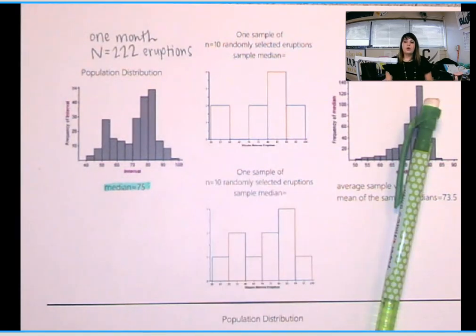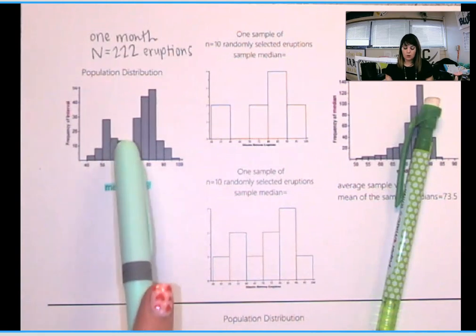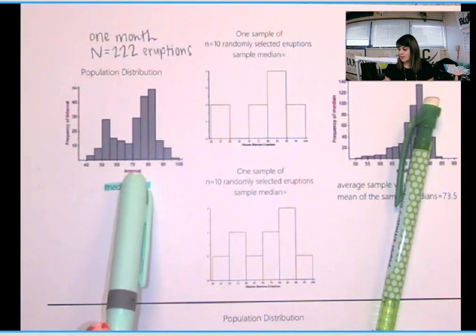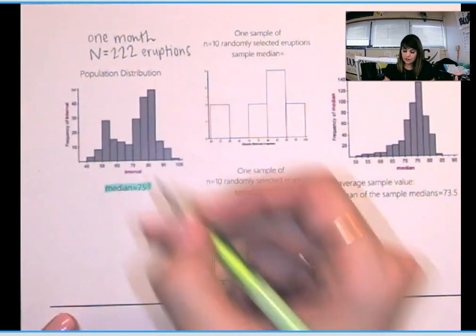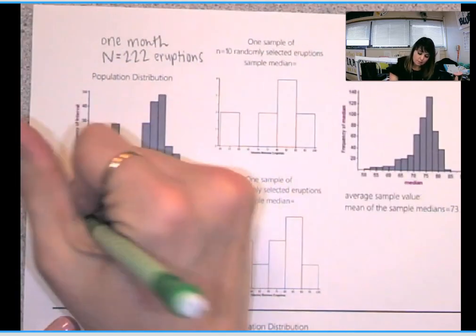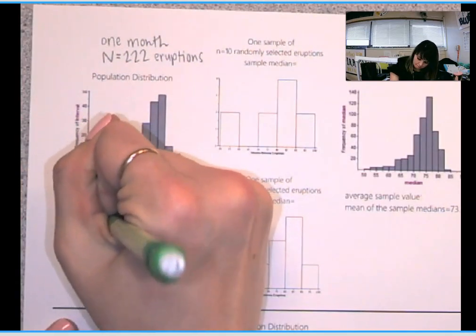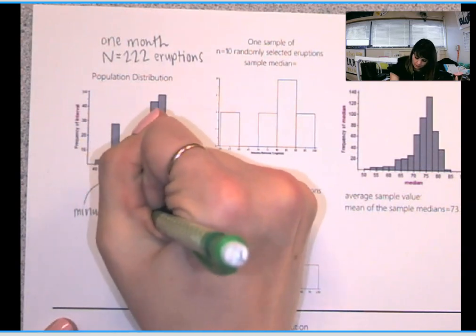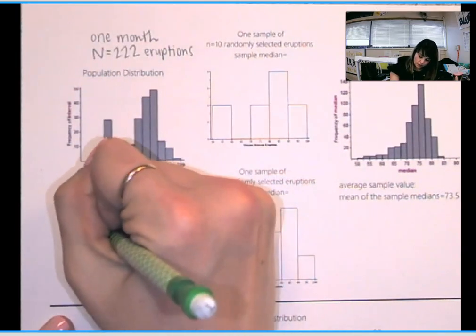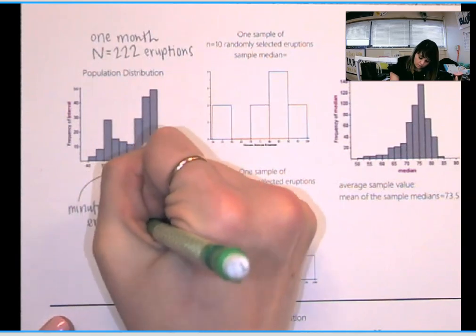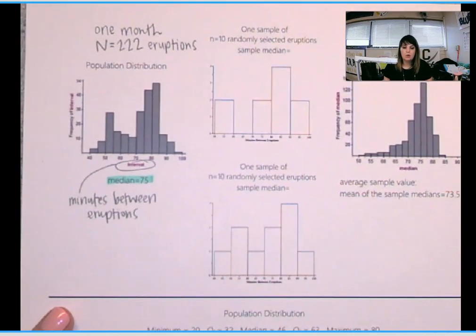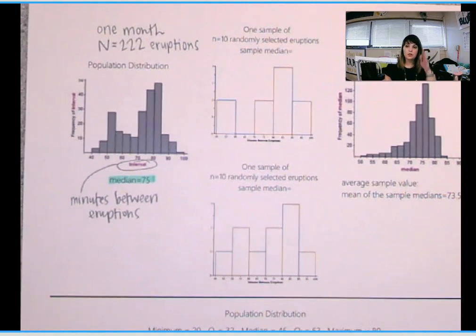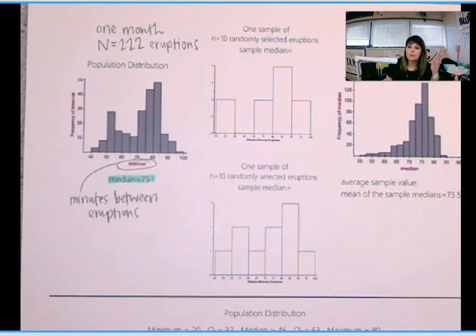Okay, well, before we go any further, I better make it clear what we have here. On the bottom it says interval, but what interval really means is the minutes between eruptions. So we looked at the first eruption of the month, then we wait, and the second eruption happens, and we look at the time between those.